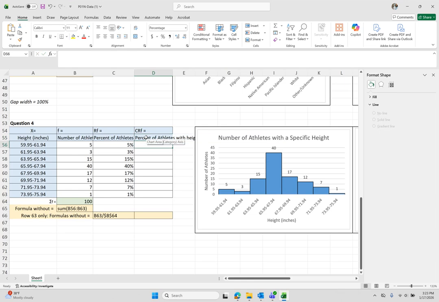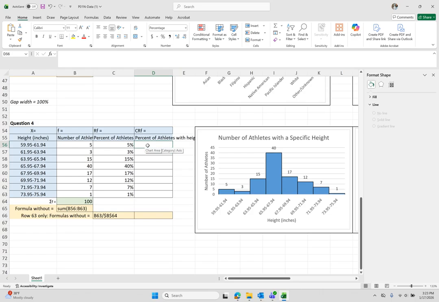So % of athletes that are as tall or shorter than this particular height, right? So % of athletes with at most a certain height would have been a more concise chart title.